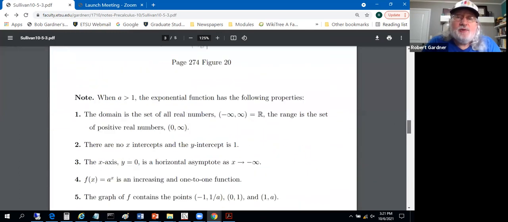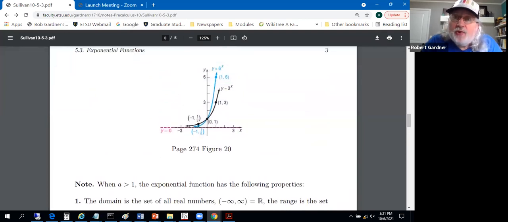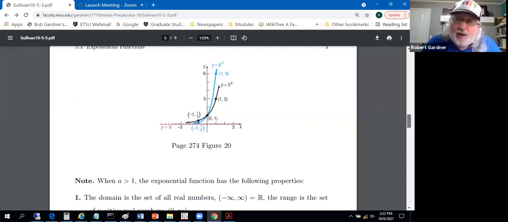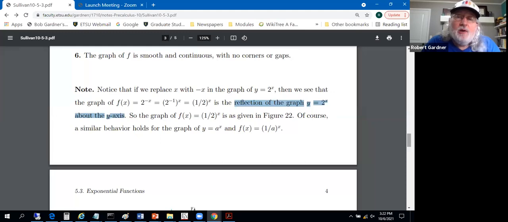That is, if you wanted to consider the graph of 1/3 to the x power, we'd take 3 to the x, replace the x with a negative x, and that'd result in 1/3 to the x and a mirror image of this black curve with respect to the y-axis. Reflect about the y-axis, then we'd have a curve that has this type of shape here. So reflect the black curve about the y-axis, and that'll give you the graph of y equals 1/3 to the x power. In general, a to the x reflected about the y-axis will produce a graph of 1/a to the x.